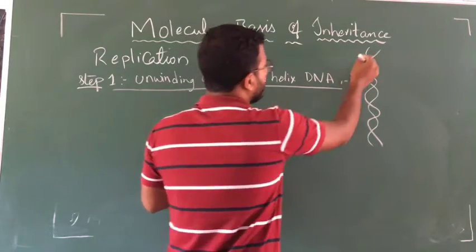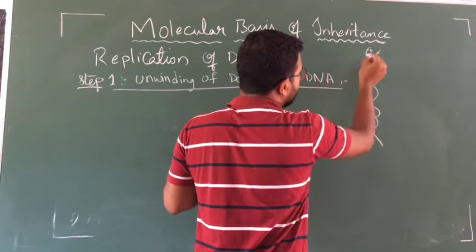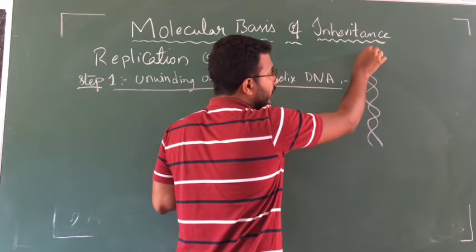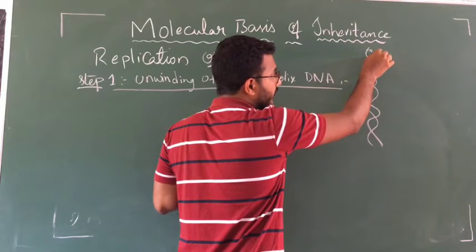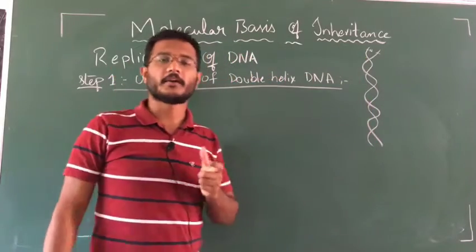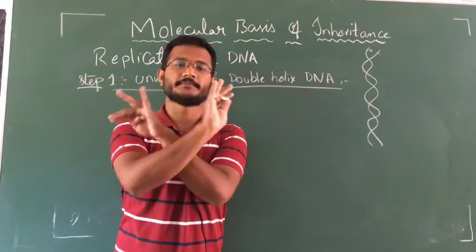For example, here this is a nitrogen base and this is a nitrogen base. If it is adenine, it will pair with thymine. If it is guanine, it will pair with cytosine, and cytosine with guanine. Like that, with the help of hydrogen bonds, the 2 different strands form a helix with each other.